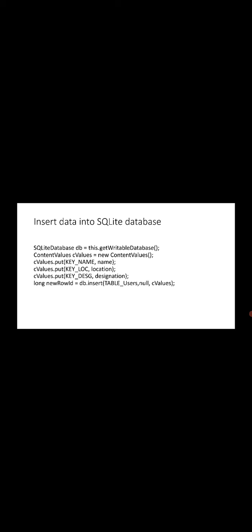And new row ID is a variable of long data type. We are calling the insert method with the DB database and specifying the table name. The table name here is table underscore users, and the cValues, which is the collection in this case, is being passed.